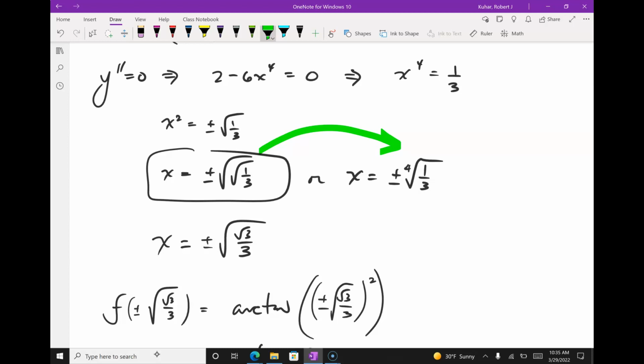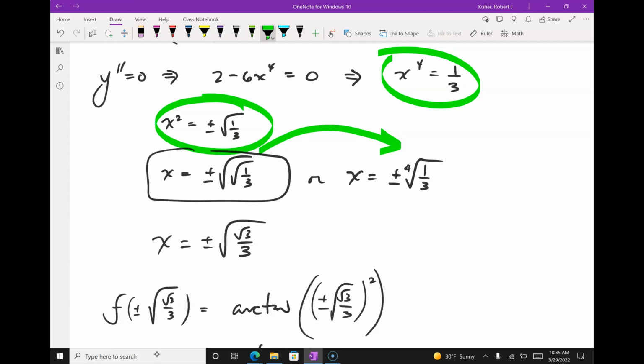From there to there? Okay, so first of all, you got that answer, right? Good. Square root both sides. I get x squared equal plus or minus the square root of 1/3.